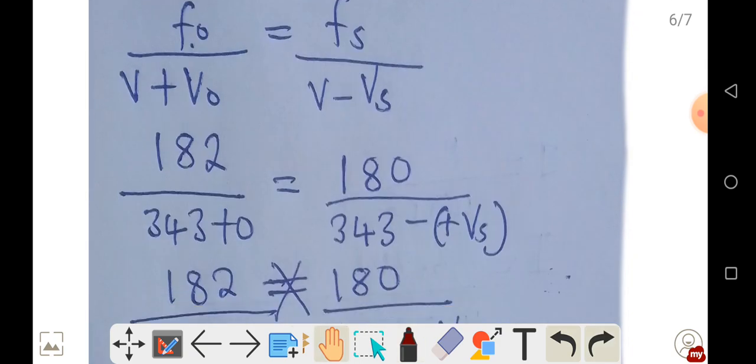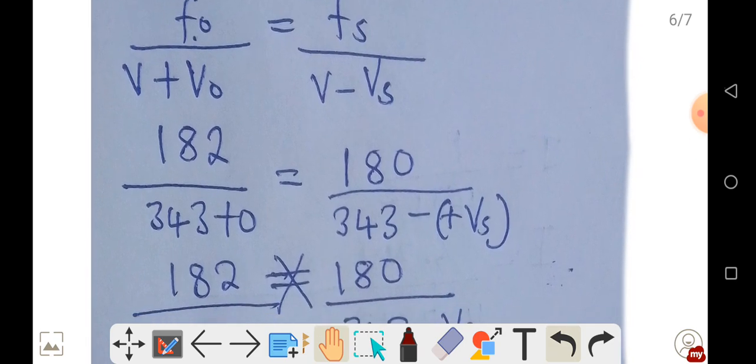I'm sure now this is very simple, so we'll be quick. The frequency heard by the observer, we are saying it's 182. Then the frequency of the source is still 180. Then the speed of sound in air, we said they didn't mention in the question, so it's 343.